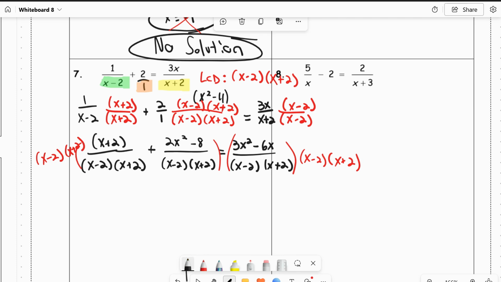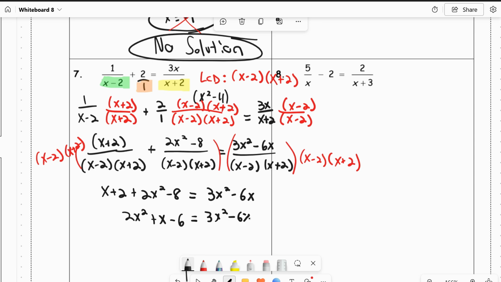Which will just leave me with x plus 2 plus 2x squared minus 8, which equals 3x squared minus 6x. Combine my like terms. Over here, I would just be left with 2x squared plus x. 2 minus 8 is negative 6, equals 3x squared minus 6x.